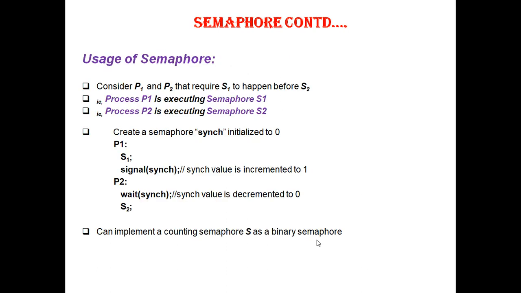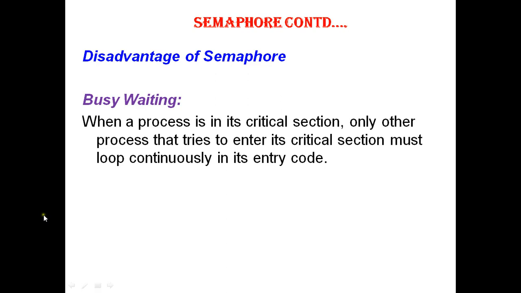After this, there is a certain disadvantage of semaphore, called busy waiting. That is, when a process is in its critical section, any other process that tries to enter its critical section must loop continuously in its entry code.